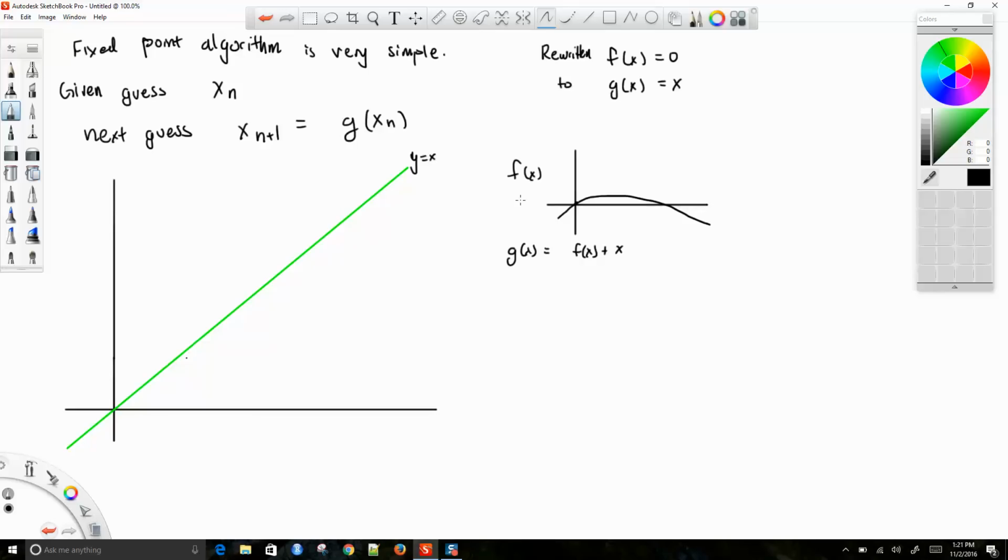All right, and then if I just added that, then our thing looks something like this, right? Okay, and then let's say we start off with some guess right here at x of n.